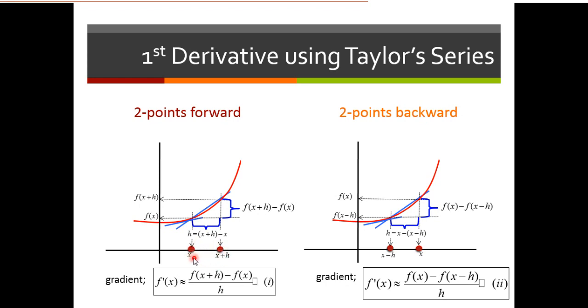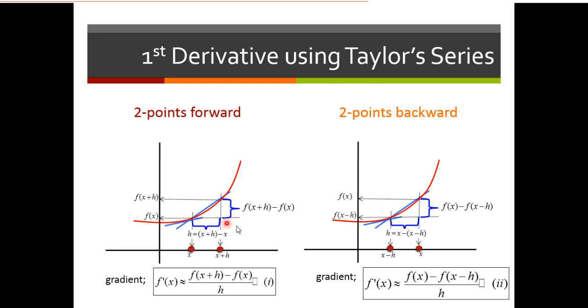Okay. Pada 2 point ini, at these 2 points, so you have to estimate the differentiation ataupun you have to estimate the value of f(x) using differentiation by finding the slope of the graph. Okay. In this case, at the first point, your x at the x-axis the value is x, but at the y-axis the value is f(x).